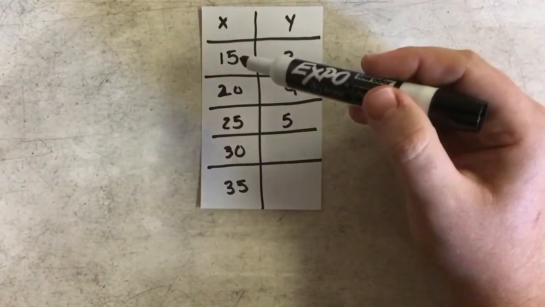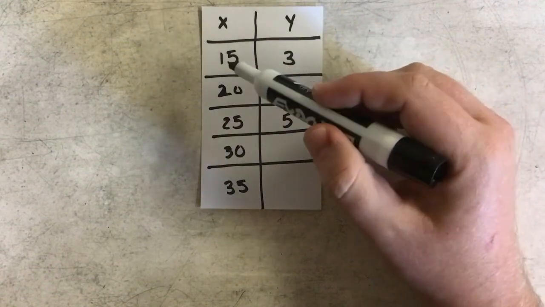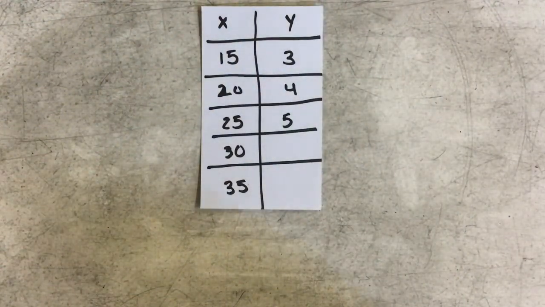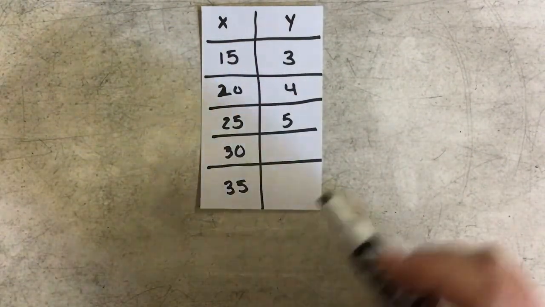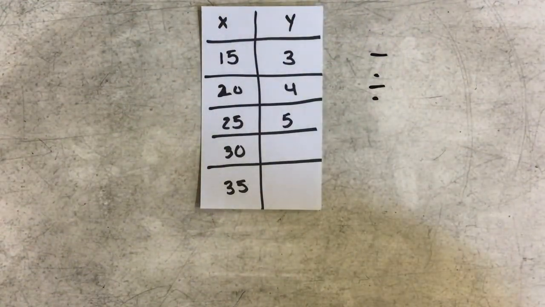In this example, I see that my numbers are actually getting smaller, going from 15 to 3, 20 to 4, and 25 to 5. And I know that if my numbers are getting smaller, that I must either be subtracting or dividing.